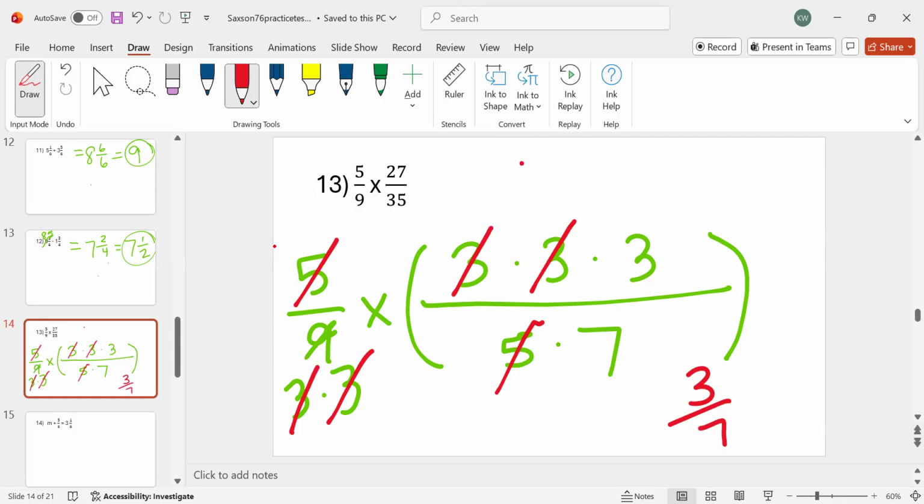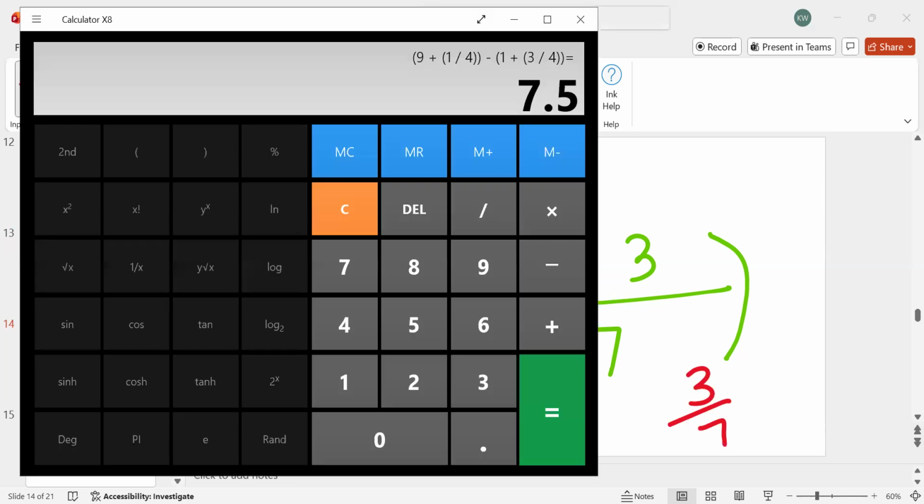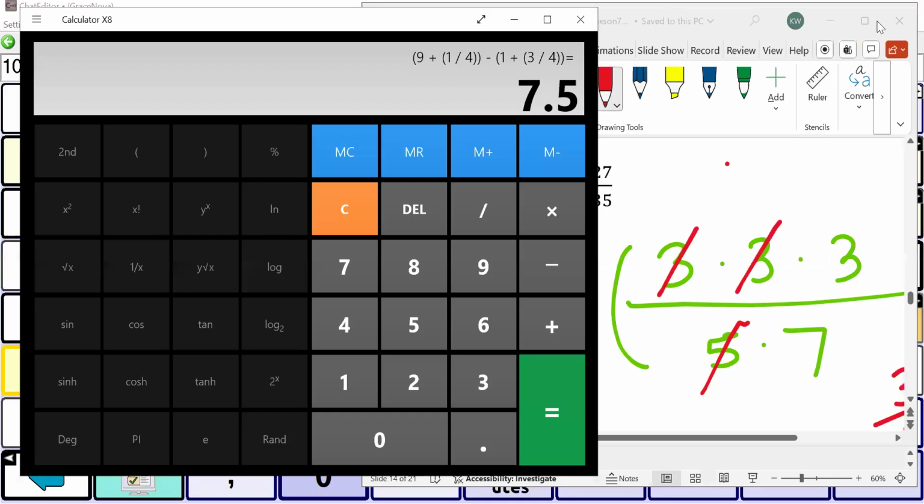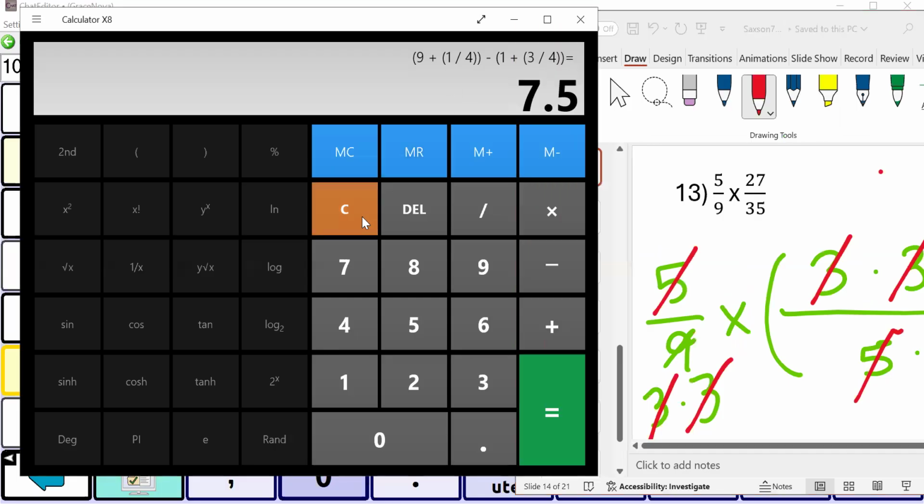Now, let's see if we can check this with our calculator, okay? Because that's a good idea if you have one handy. Let me move our original question over a smidge so I can see it. All right. The first fraction is 5 divided by 9.